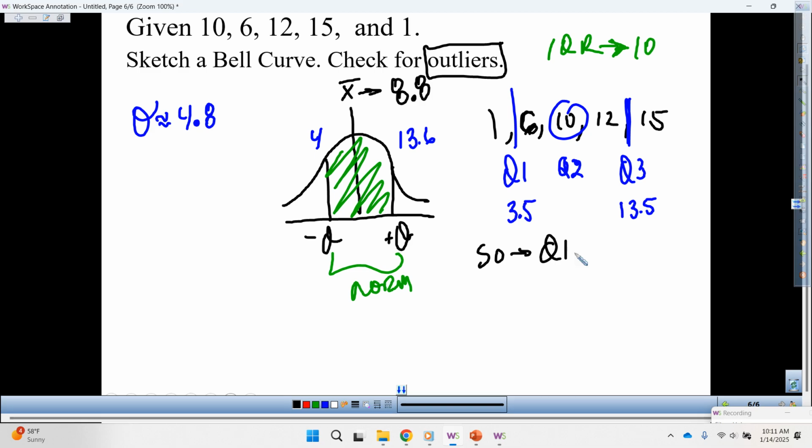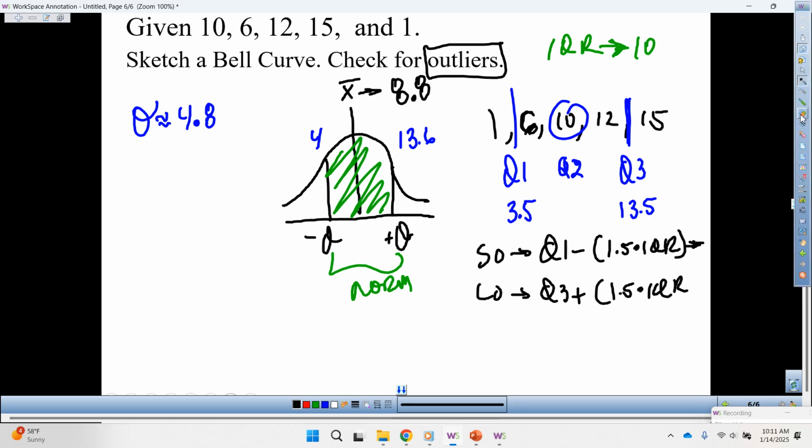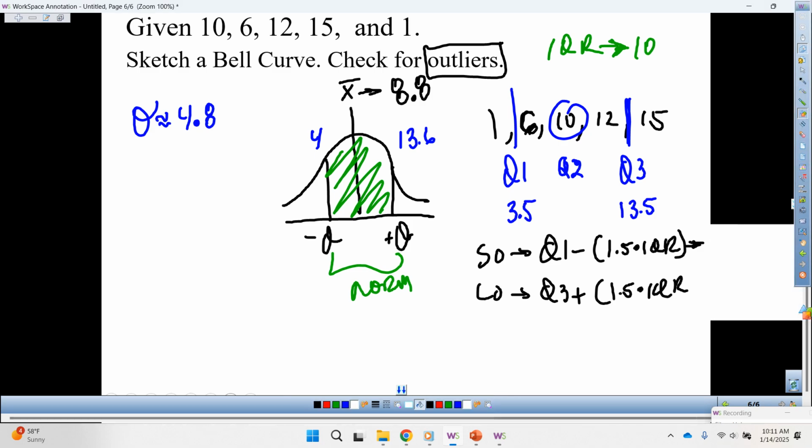All right. Then you check for the small outlier. Formula Q1 minus 1.5 times the IQR. And then the large outlier, Q3 plus 1.5 times the IQR. So we need a magic number for the small outlier and a magic number for the large outlier. Pass someone? Mario?